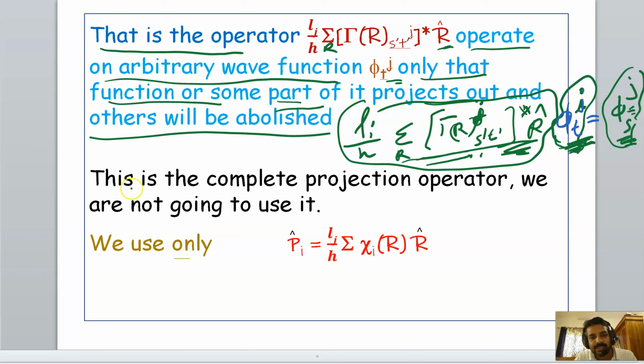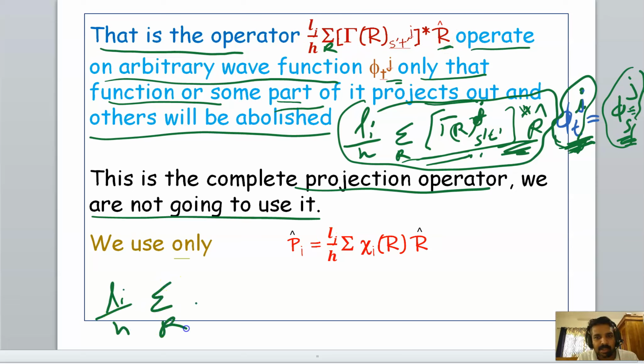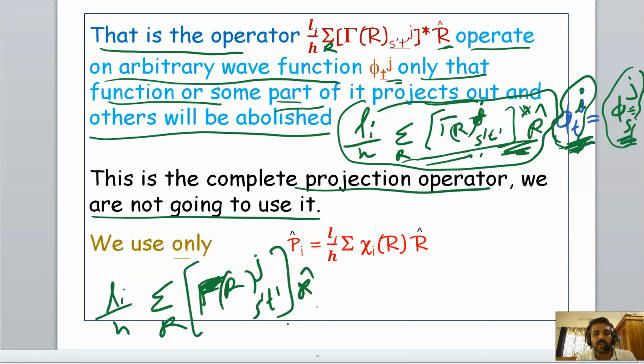Actually, this function is called a complete projection operator. Li divided by H, sigma r, gamma r s dash t dash j, r cap is the complete projection operator. We are not going to use it.